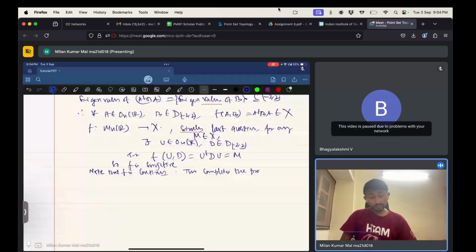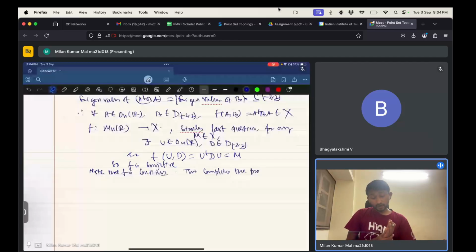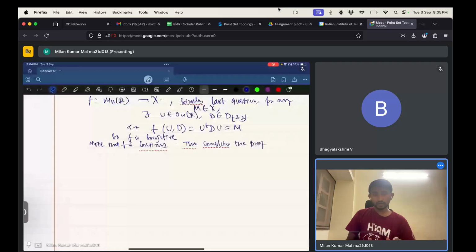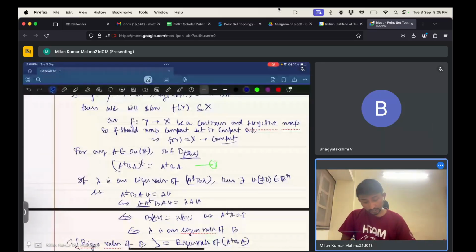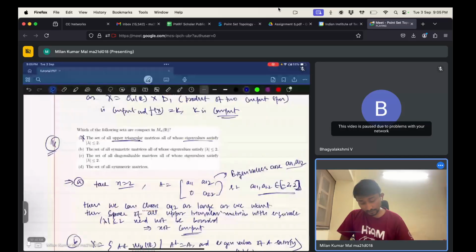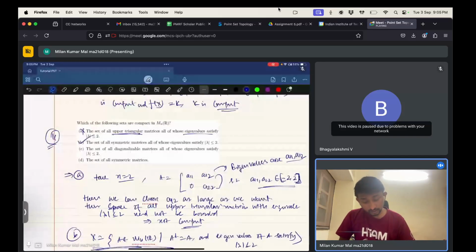Because F is something like sending polynomials. The elements are something like polynomials, so that's why F is continuous. So that's why this set of all symmetric matrices, all of whose eigenvalues satisfy the condition, is compact. So option B is correct.